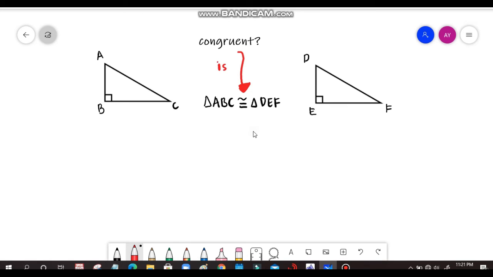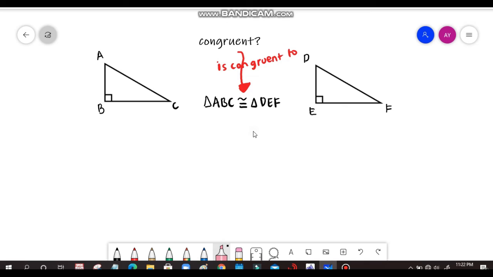This symbol means is congruent to. For these pictures, we have triangle ABC is congruent to triangle DEF. Notice that the order in which the vertices of DEF are written must correspond to the order in which the vertices of ABC are written, like this.